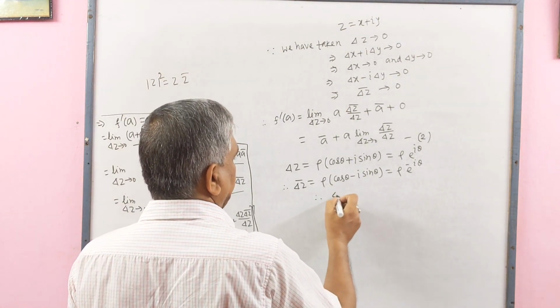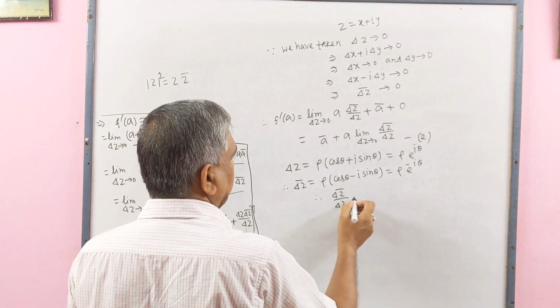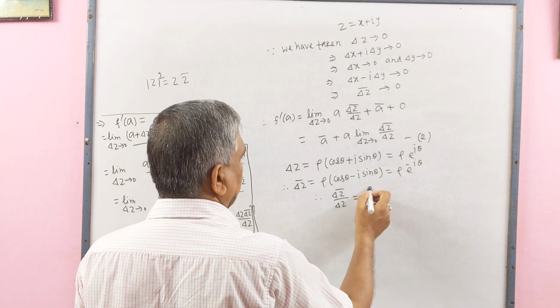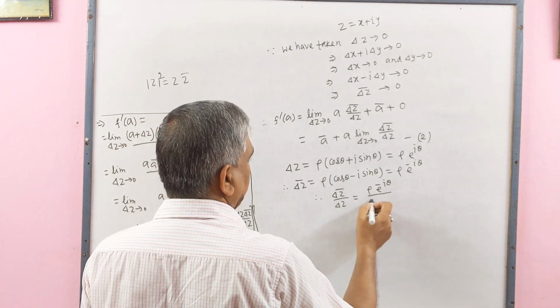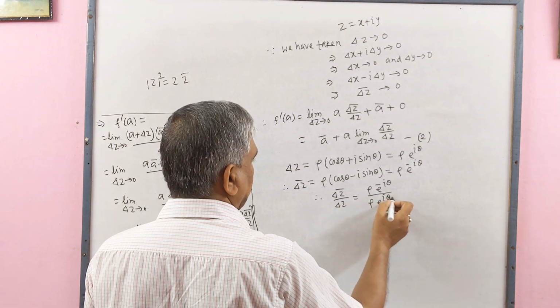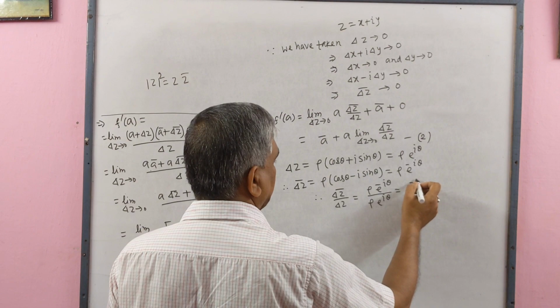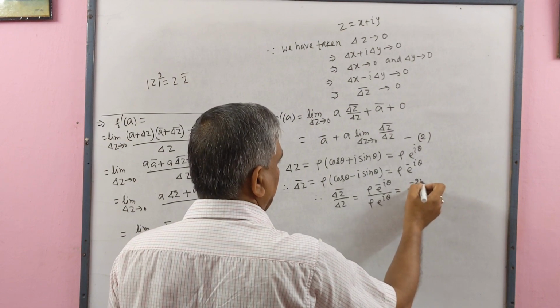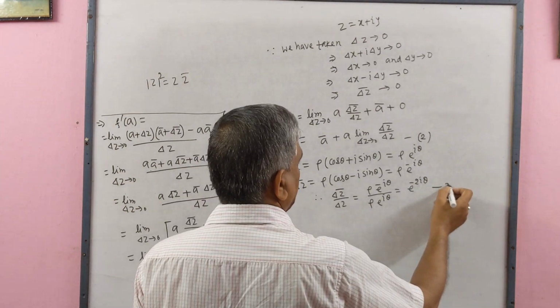Therefore, delta z bar by delta z equals rho e to the power minus i theta by rho e to the power i theta, equal to rho cancels, e to the power minus 2 i theta. This is number 3.